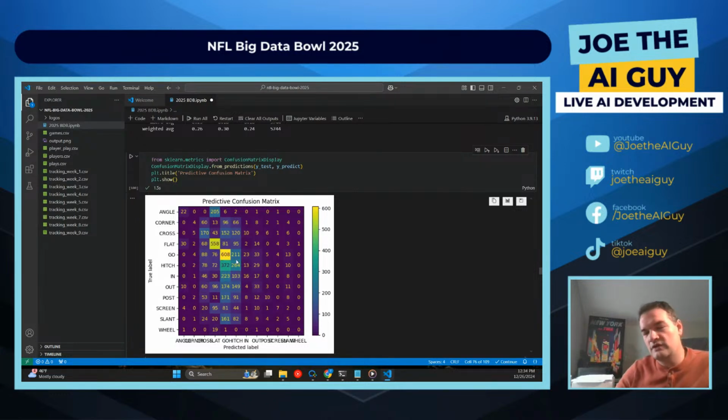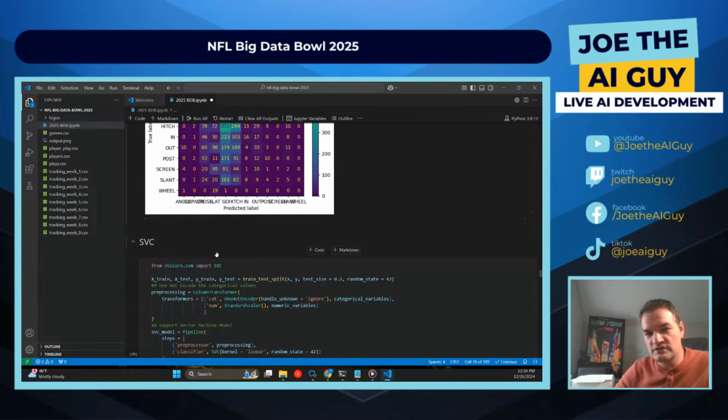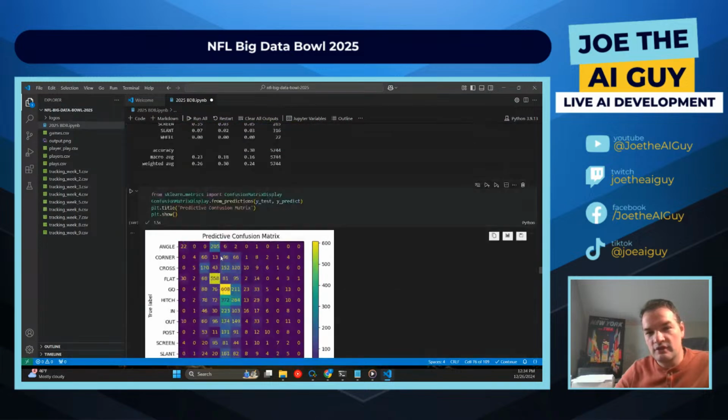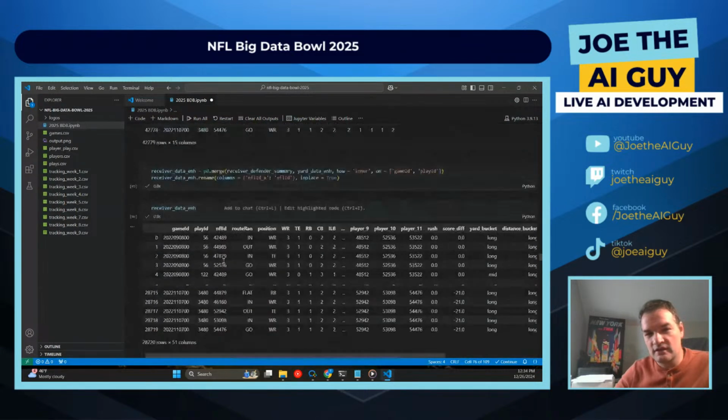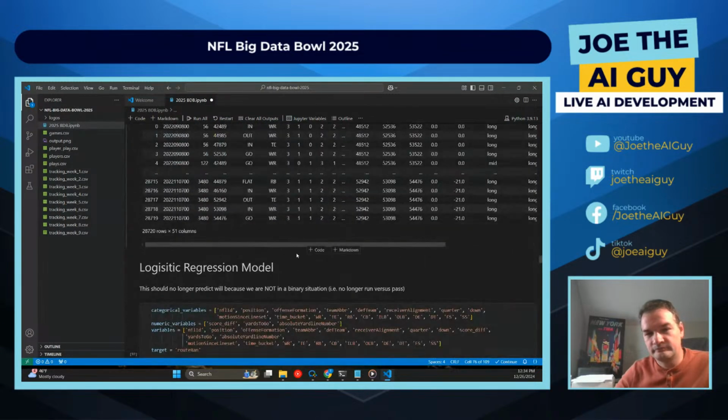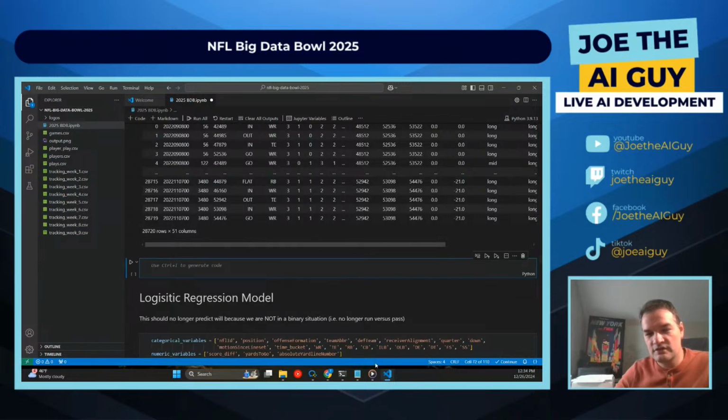So we don't have enough good information in what we're feeding the model to get better predictions this way. Let's visualize the data a little bit and see if we can just look at it and get a better idea of what's happening here.